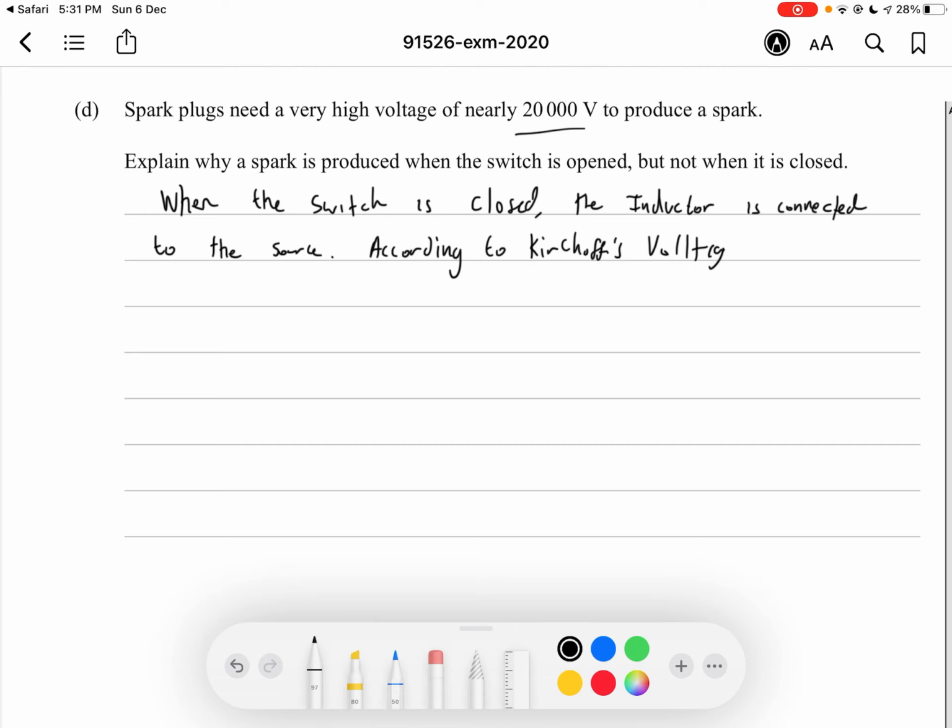So according to Kirchhoff's voltage law, sorry, I cannot spell.